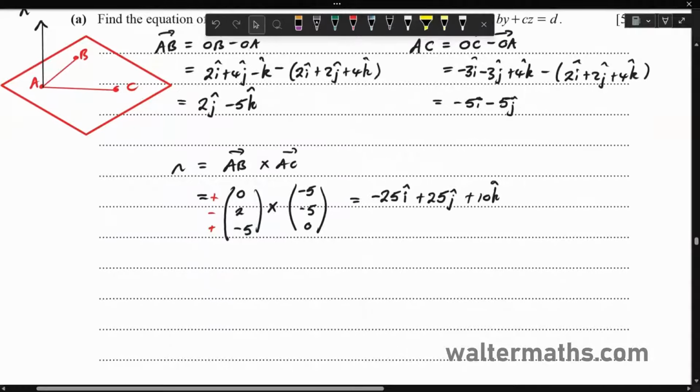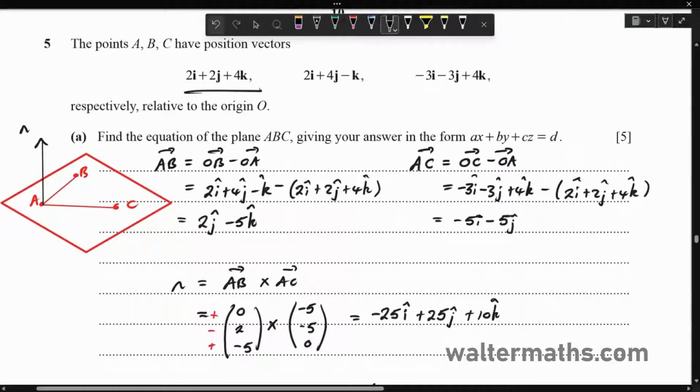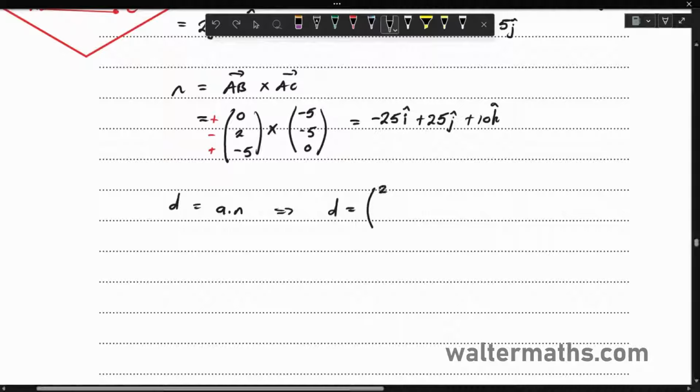With what we have, we also need to find the distance d, which we know is a dot n, the dot product. A is any point on the plane. Let's use the point A, which is 2, 2, 4. So 2, 2, 4 dot minus 25, 25, 10 gives us minus 50 plus 50 plus 40, so that's 40.